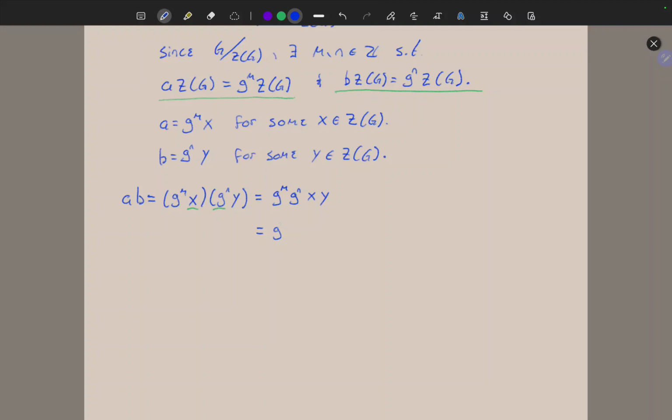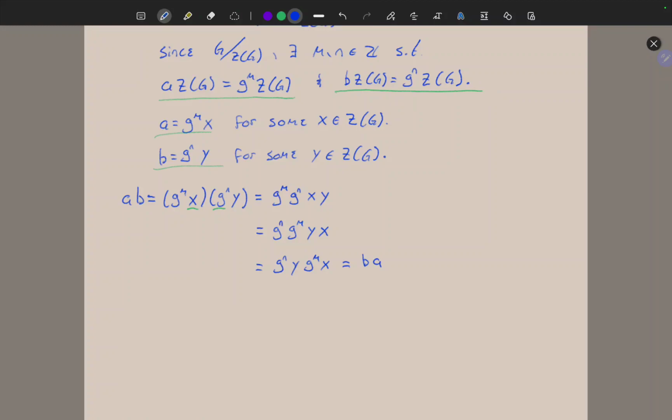So we actually have g to the n, g to the m, y, x. And then you can kind of see where this is going. Similarly, y is going to commute with g to the m to give us g to the n, y, g to the m, x. And this is exactly ba.